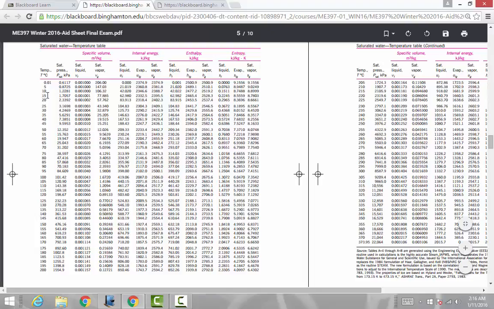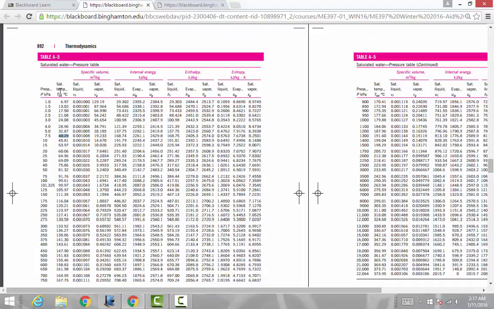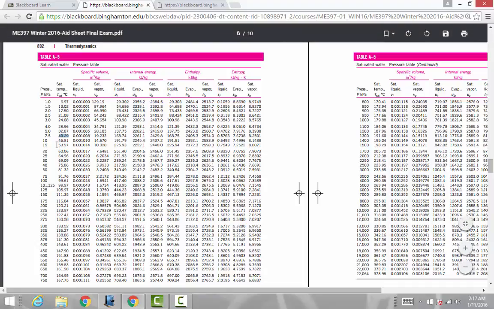If you have 40 degrees C, you can directly come here and pick this number. Or you can go to the other table and find 40 in between these two, 32.85 and 40.29, and then do the interpolation. But no one does this because we have all those numbers at that specific temperature already solved.